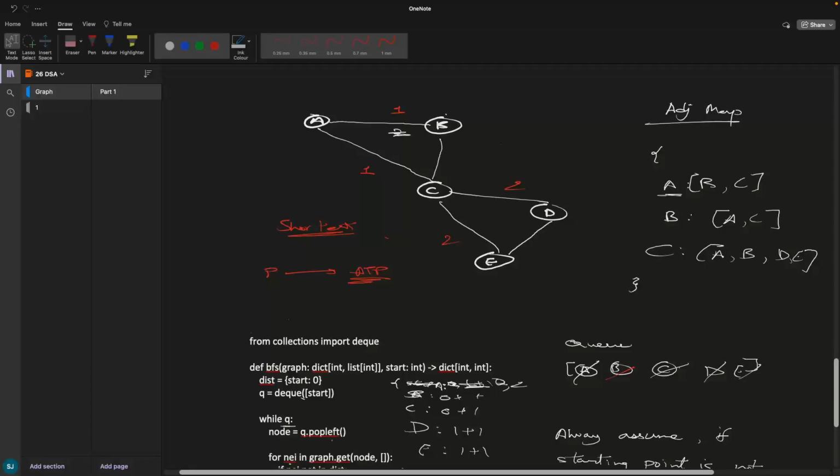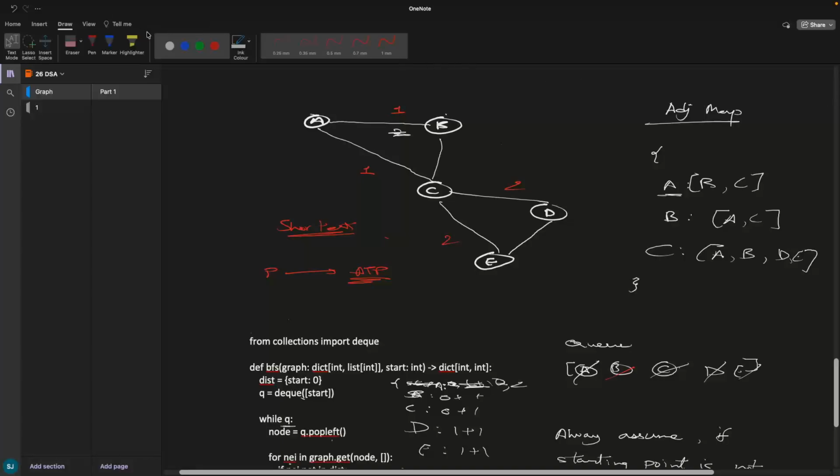Oh, also by the way, this is something very important, ये अनवेटेड ग्राफ है, ठीक है, वो भी ध्यान रख लेना। वेटेड ग्राफ में अगर तुम ये लॉजिक लगाओगे बहुत पछताओगे। So weighted graphs is a different logic altogether. That's about it.